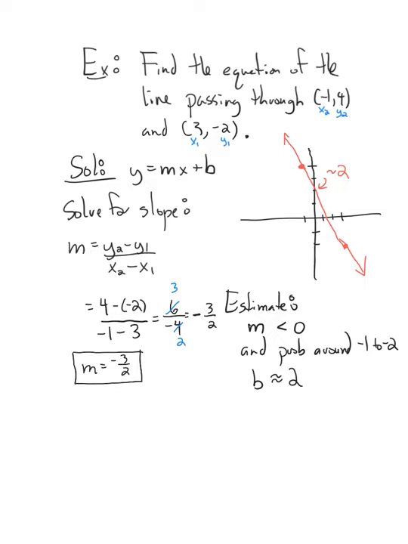Great. So now we can fill in the equation: y equals negative 3/2 x plus b.